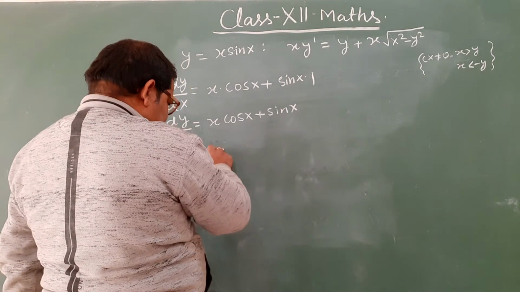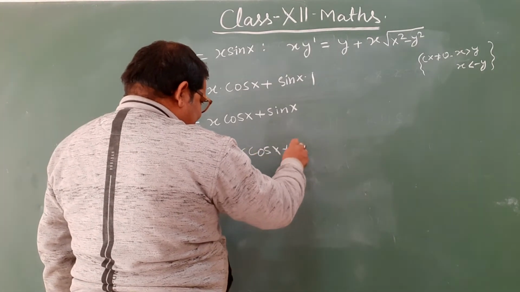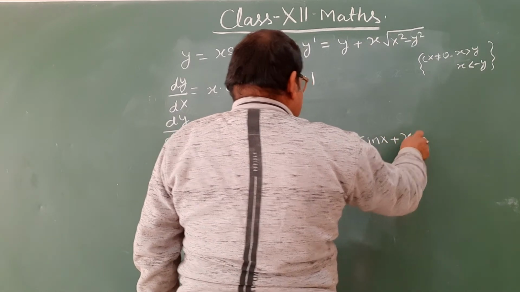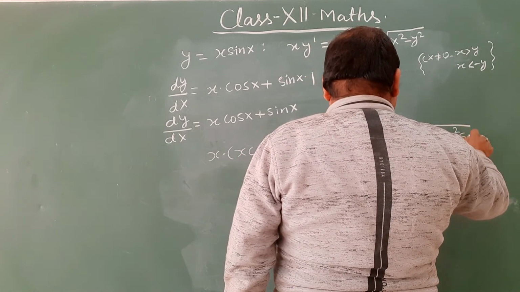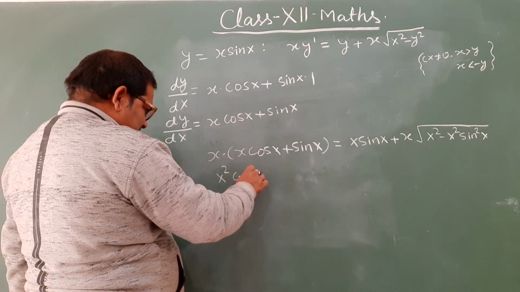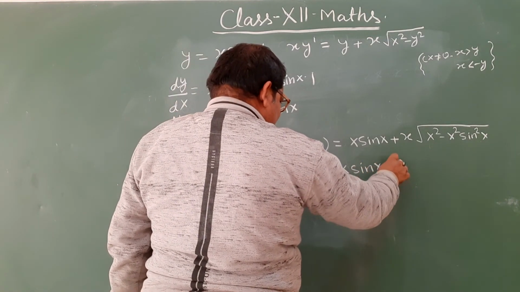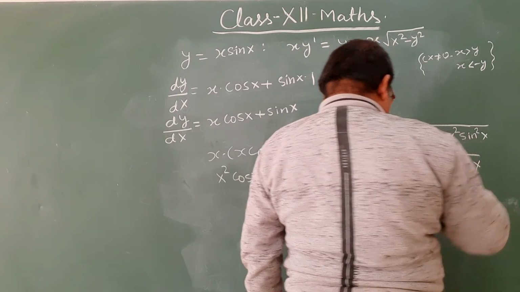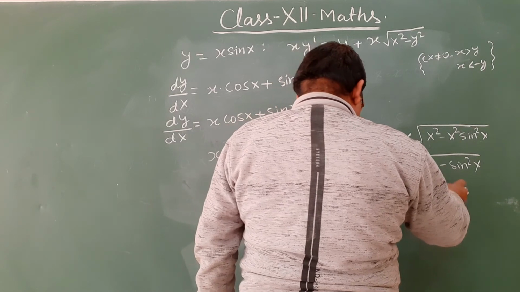So x into y dash, x cos x plus sin x, is equal to y x sin x plus x under root x square minus x square sin square x. So x square cos x plus x sin x is equal to x sin x plus x square under root 1 minus sin square x, so x sin x plus x square cos x.